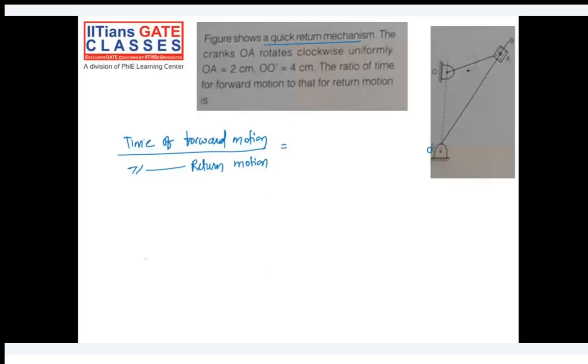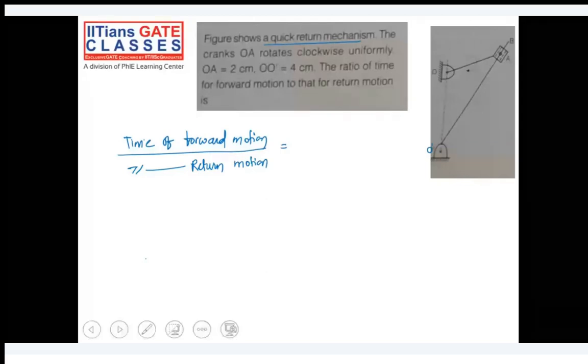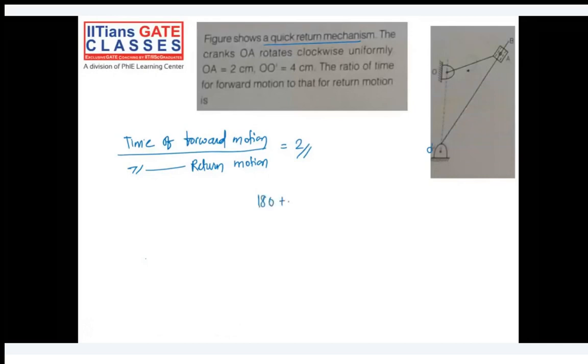Yes, 2 is the correct answer, Sean. So basically the formula, if you remember, is 180 plus 2 alpha divided by 180 minus 2 alpha. Only the alpha angle you have to figure out in this case.